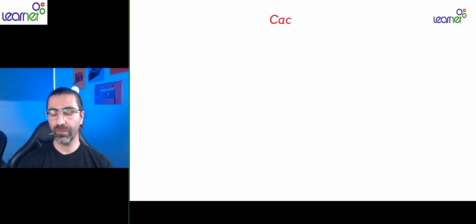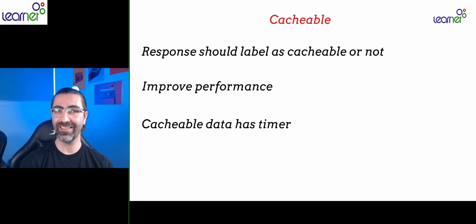The last principle we discuss here is cacheable. If an API wants to be RESTful, each API response should clearly label whether its content is cacheable or not, so the client knows if that content can be cached.